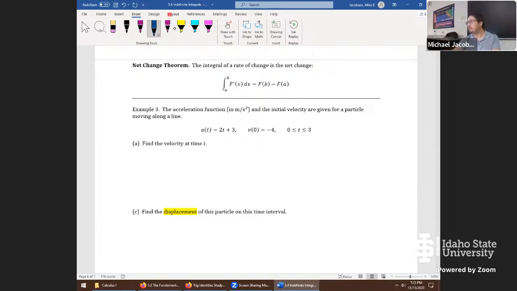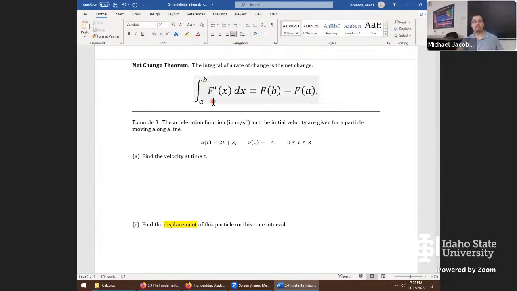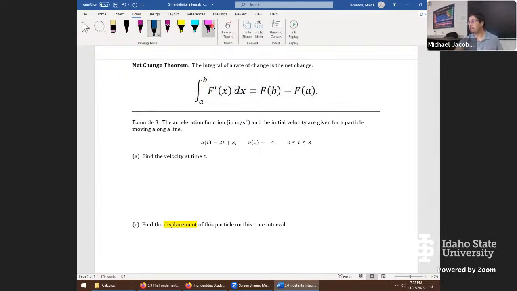And so now, finally, the net change theorem says, make that just a little bit bigger, if you integrate a rate of change, so here's the derivative in Newton's prime notation, then you just take the net change, f at the upper boundary minus f at the lower boundary.